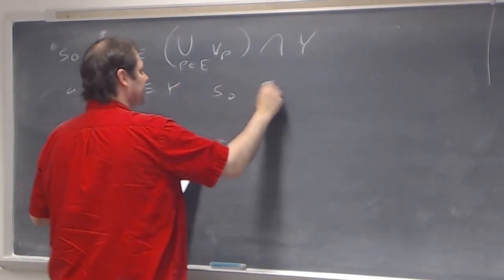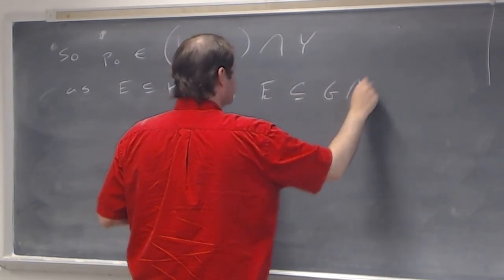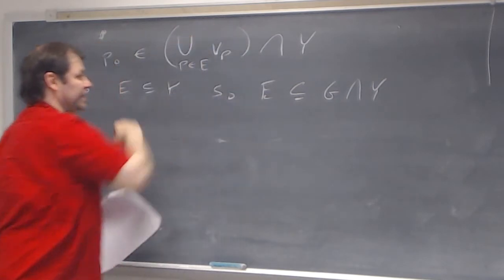So that tells us that E is a subset of G intersect Y, because this is G.